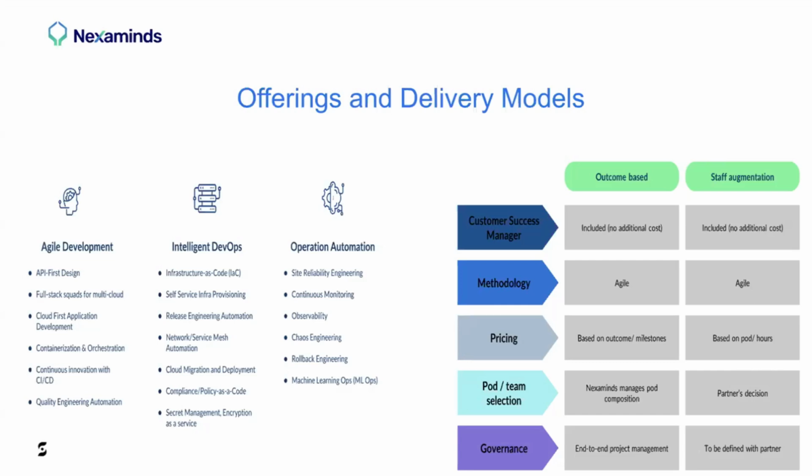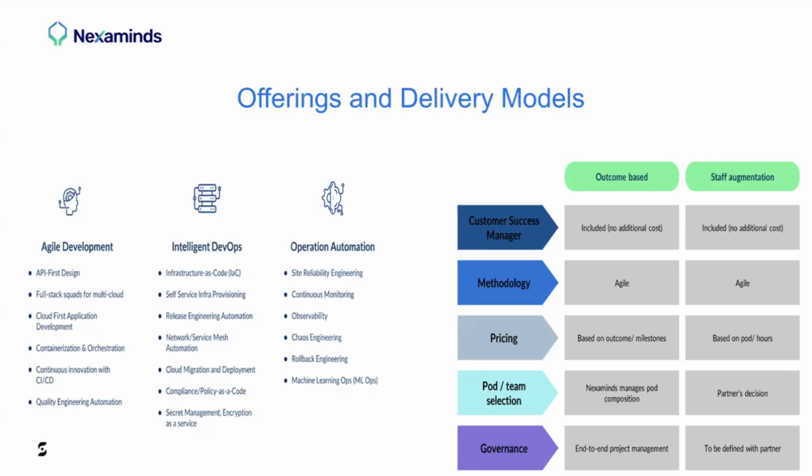And then on the right hand side, the delivery models that we offer: outcome based or staff augmentation. For both of them, you get a customer success manager, and we typically follow the agile methodology, and the pricing varies.